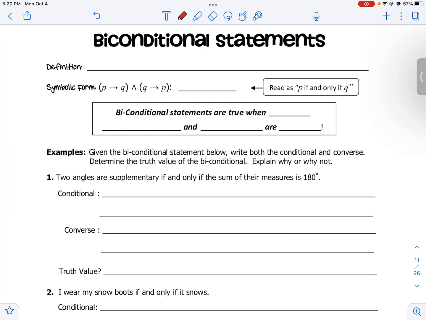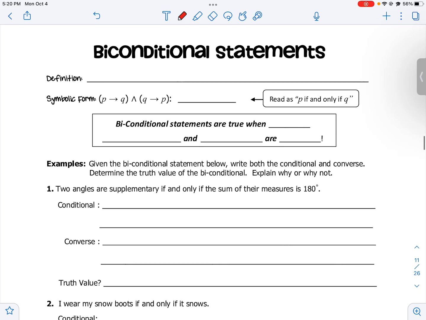Now, let's talk about biconditional statements. A biconditional statement, bi means two, is just that. It's got two conditional statements to it, but it's particular.